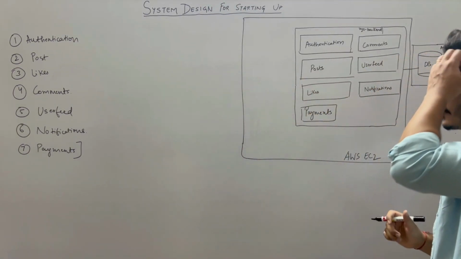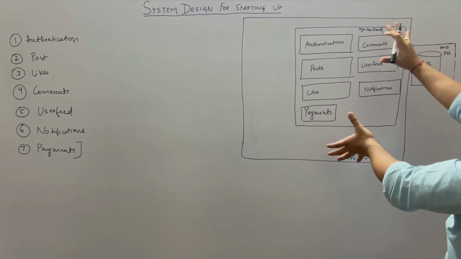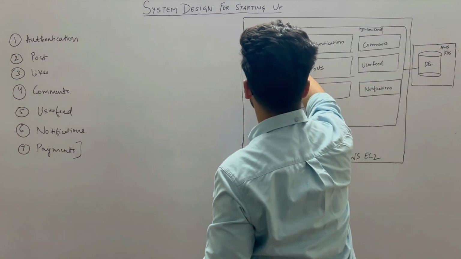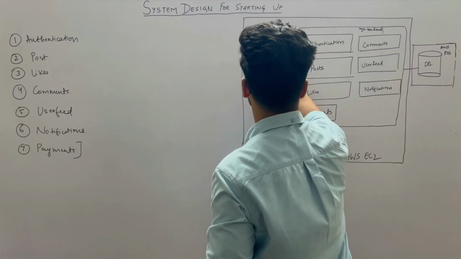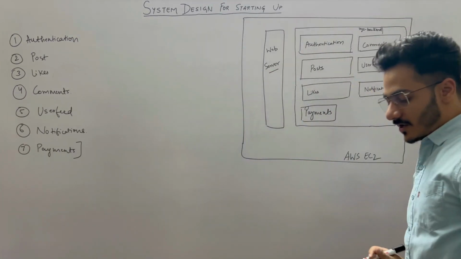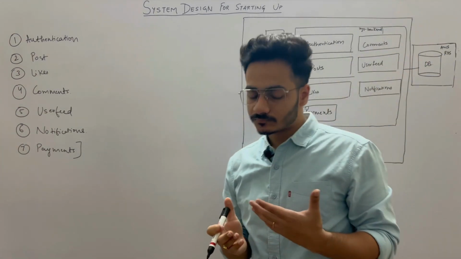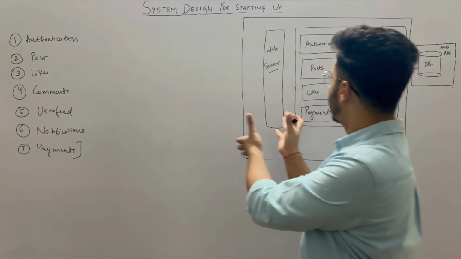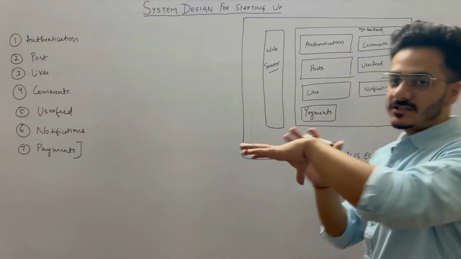Now you will deploy this application using a web server. Now what is this web server? You will tell your web server to bind your application to a specific port.